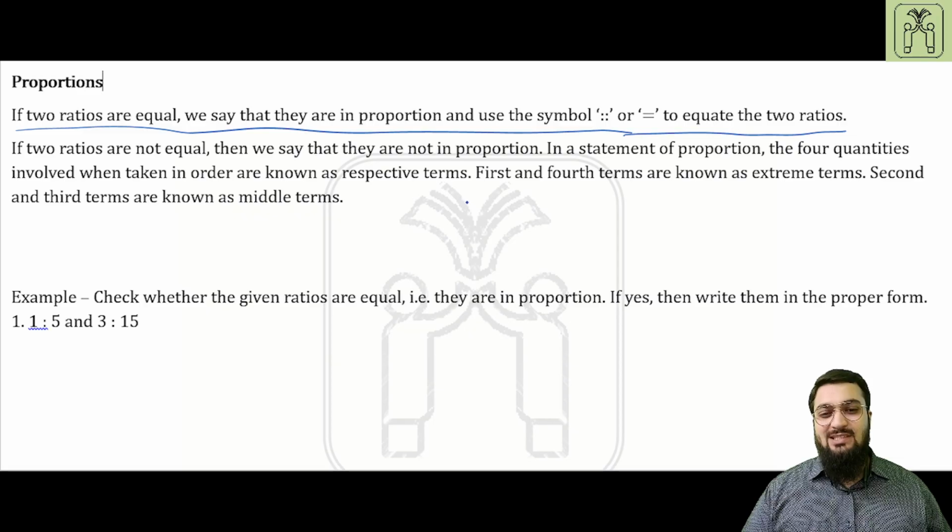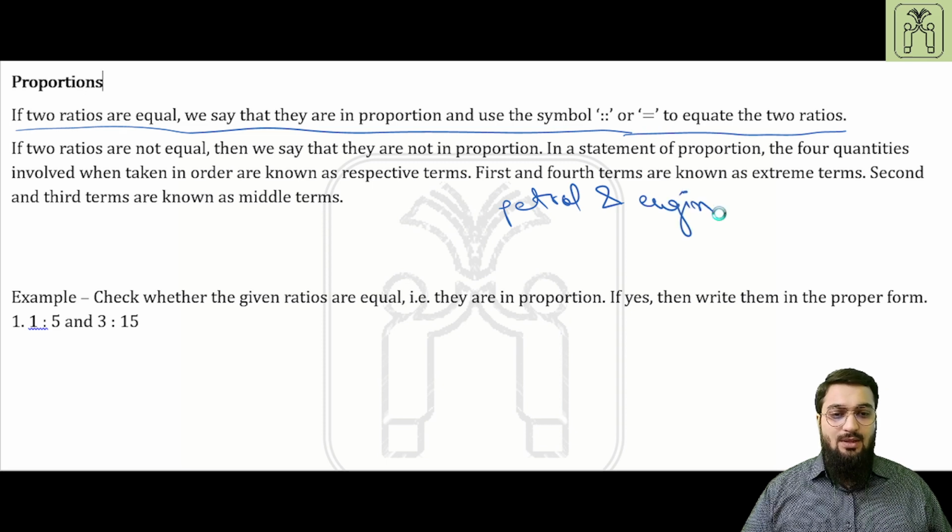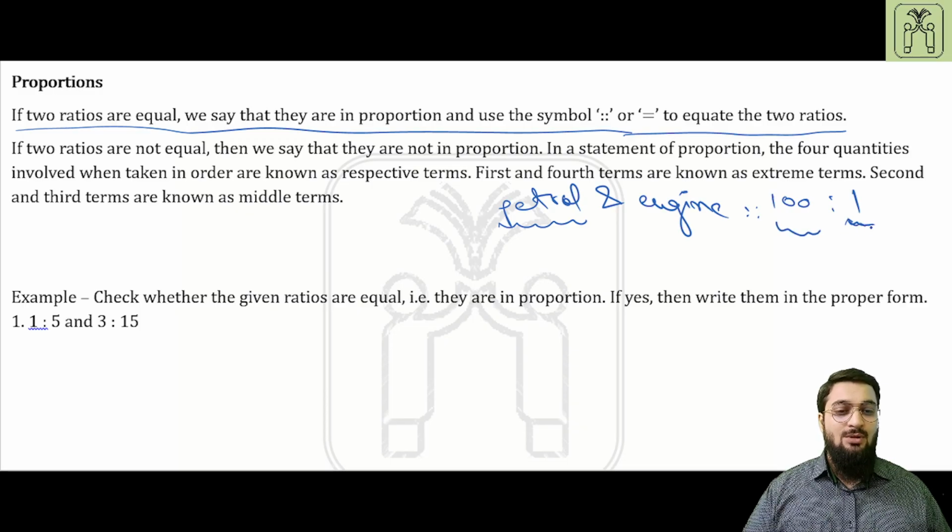For example, I have to add petrol and engine oil in the proportion of 100 is to 1. That means if petrol is 100 ml, then engine oil will be 1 ml. If petrol is 1 liter, then engine oil will be 10 ml.